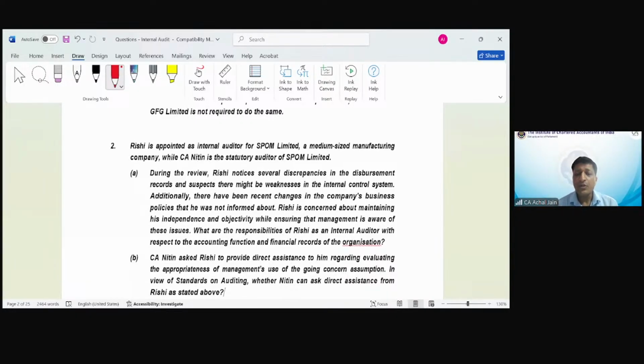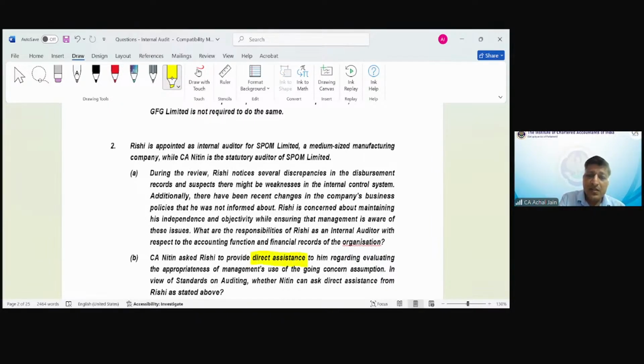So first question, what are the responsibilities of Rishi as internal auditor with respect to accounting and financial records? So that's one. Further, statutory auditor Nitin has asked Rishi to provide direct assistance. Let's understand what the meaning of direct is here.